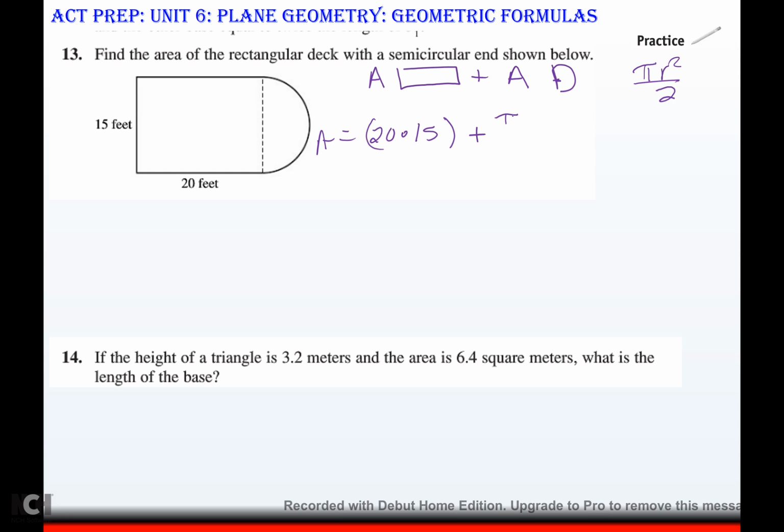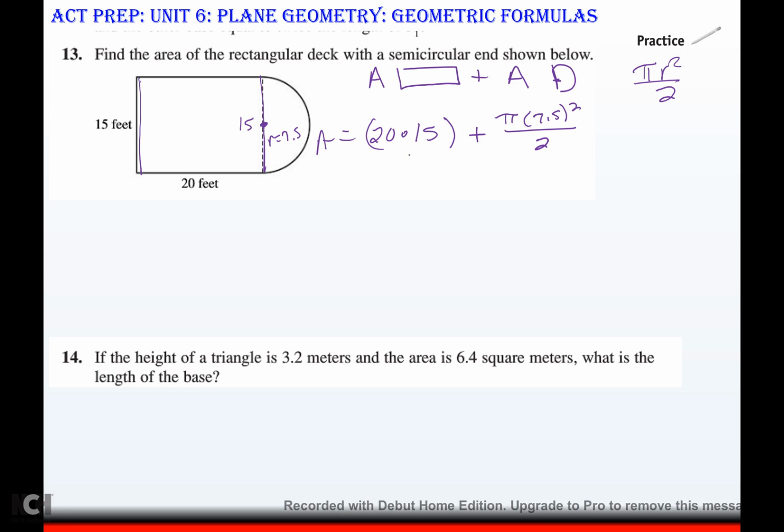So I'm going to have pi. Well, I need my radius. Well, if this is 15 feet from here to here, then this is 15 feet from here to here, which means my radius is going to be half of that, which is 7.5. So I'd have pi times 7.5 squared over 2.